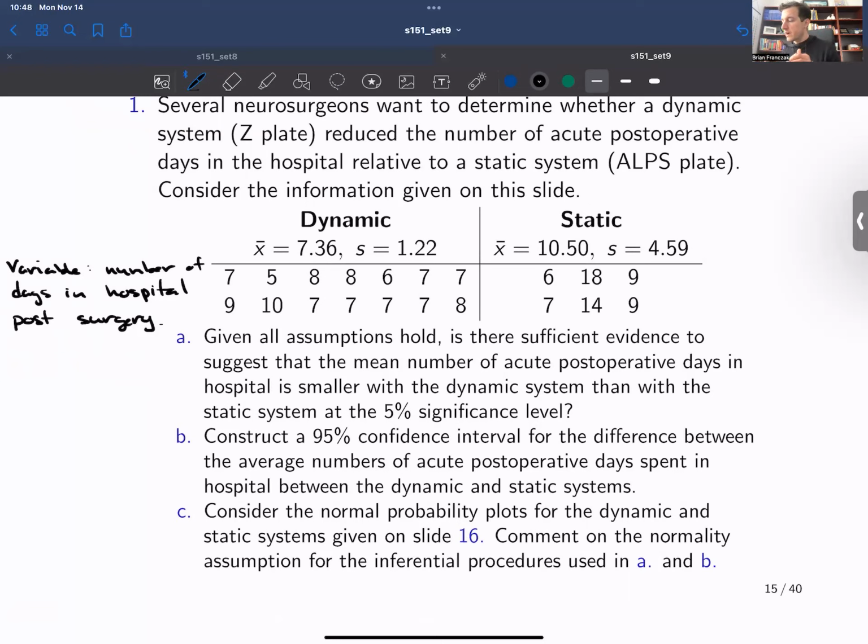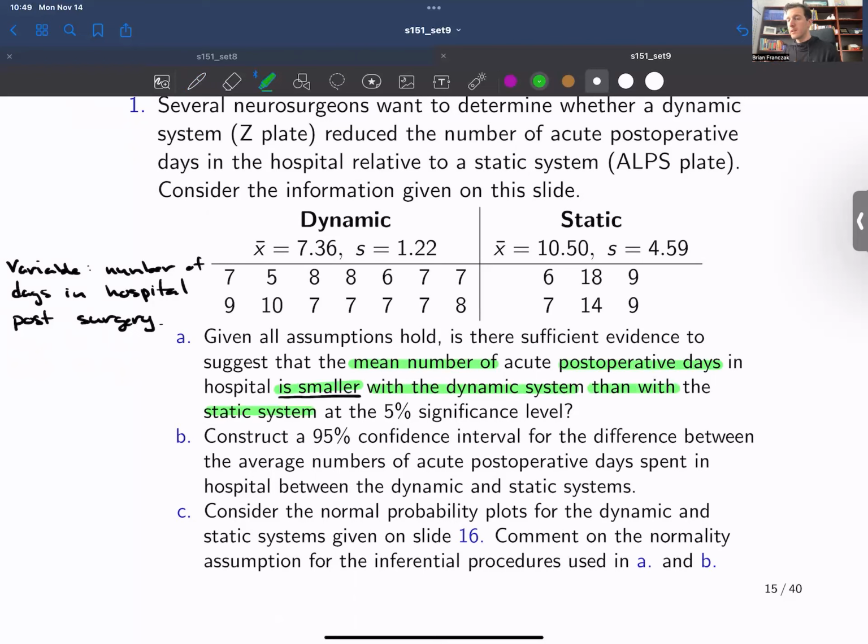And the question we are asking is, is there evidence that the mean number of post-operative days is smaller? So this is very important. Okay. With the dynamic system than with the static system.